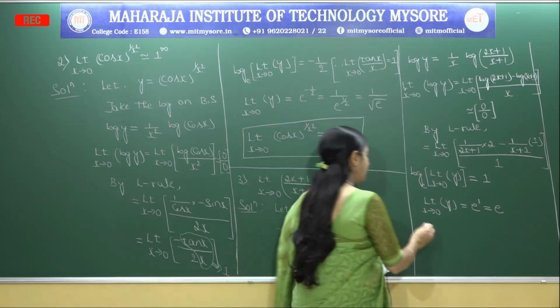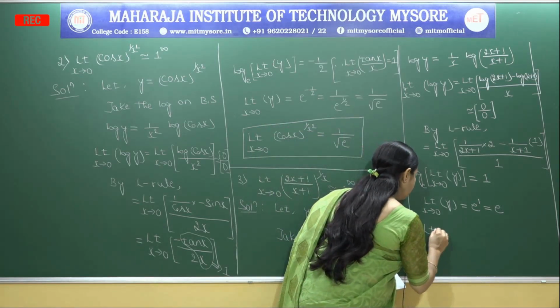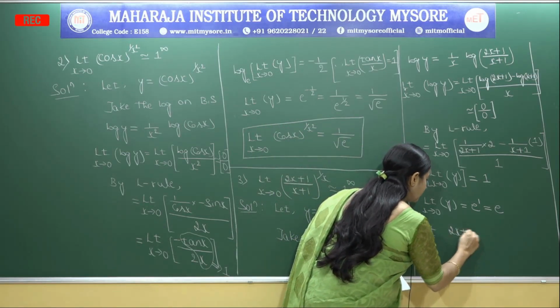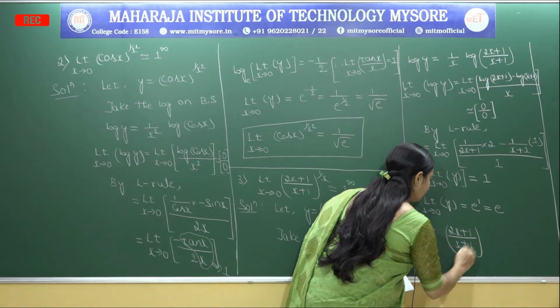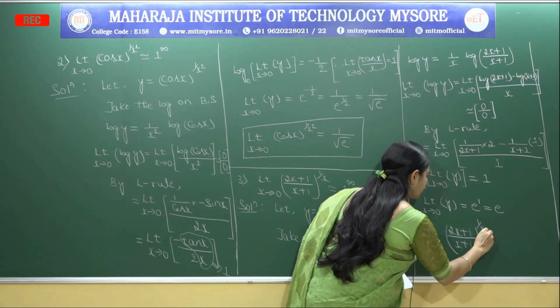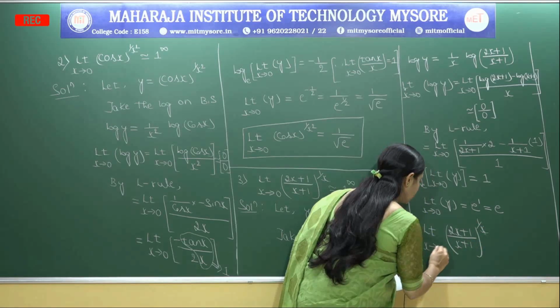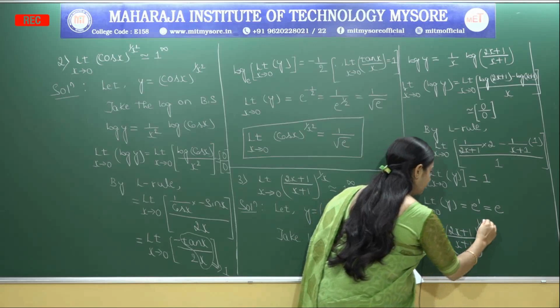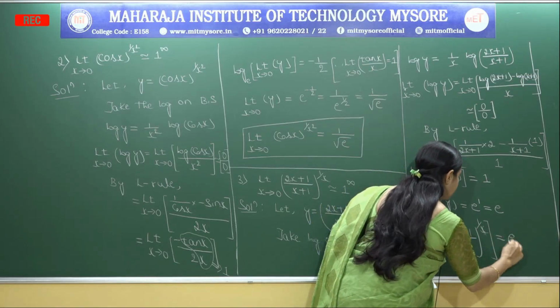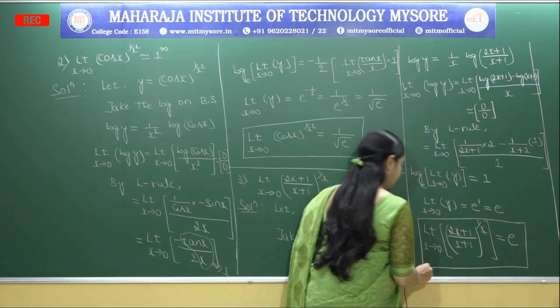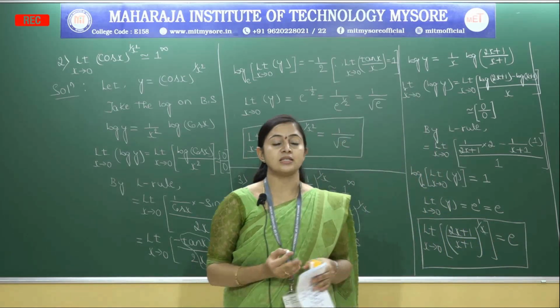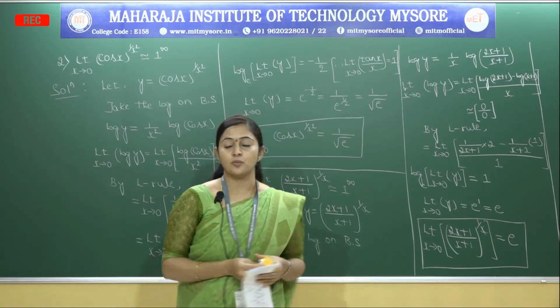Starting, you taken y as the limit of (2x plus 1) divided by (x plus 1), power 1 by x as x tends to 0. This answer is equal to e. This is the answer. Next problem.